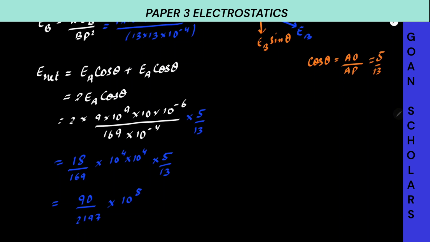Now if I divide 90 by 2197, let's see how much we get. We get nearly 0.04, but we will take the powers and make it 4.1 into 10 to the power 6. And what's the unit of electric field? Unit of electric field is newtons per coulomb. So this is our result for the first question.